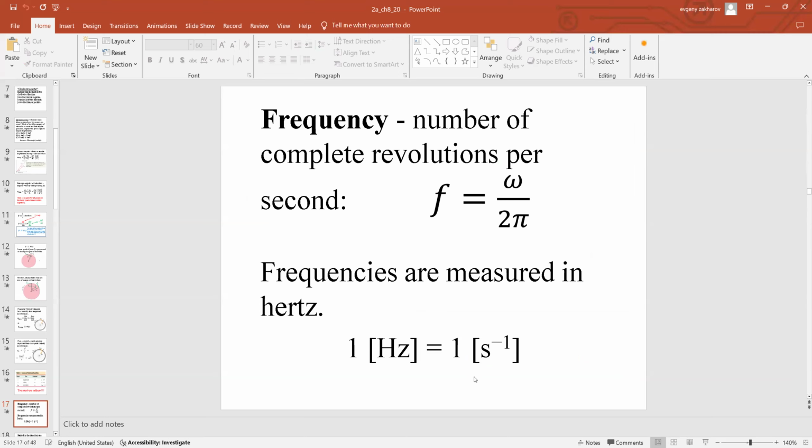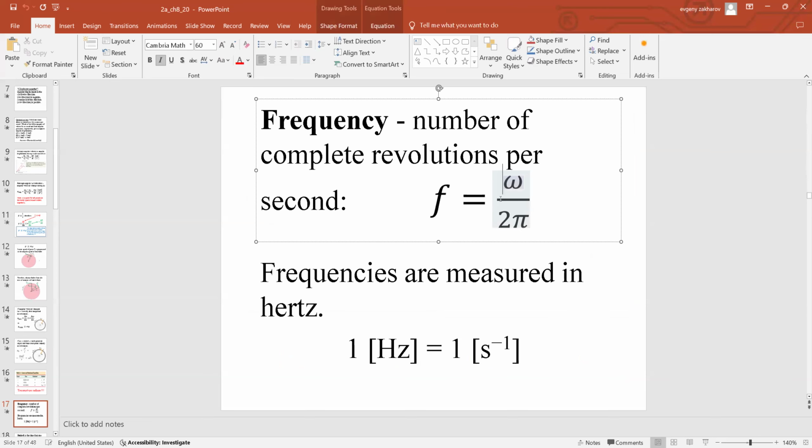Frequency. Recall frequency. We discussed frequency as number of something per unit of time, which is the inverse of a period. So it was 2 pi r divided by v. Now instead of v, you have omega, and your r gets canceled once you think radians.